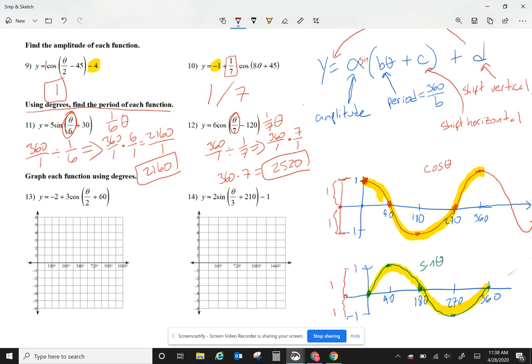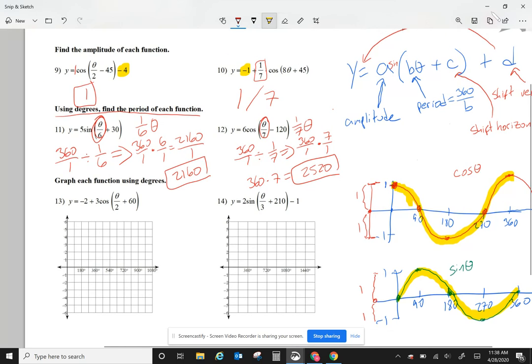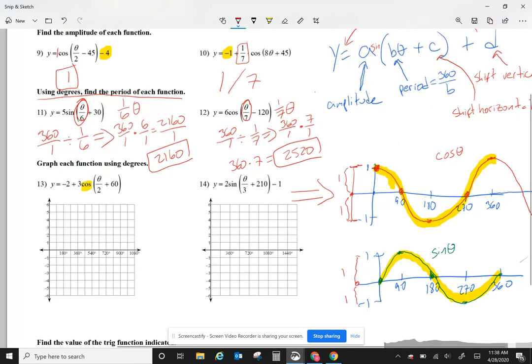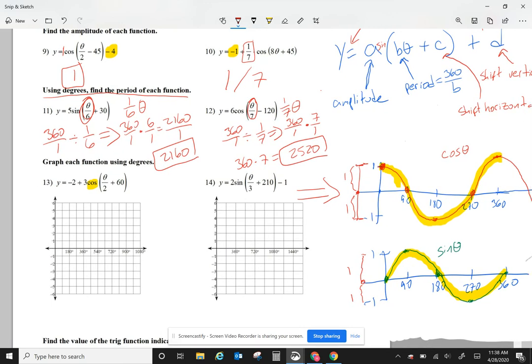For number 13, I'm going to need my A, my B, my C, and my D, and how the graph looks. To begin with, I'm dealing with cosine, so I know how the graph of cosine looks. All right, that's the graph of cosine. I need to know the period first, and I need to know the amplitude. My amplitude is 3.